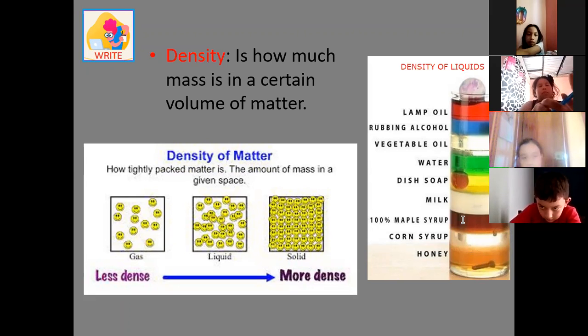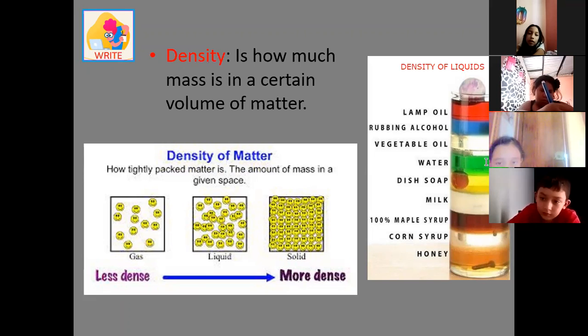Then the next one is maple syrup. The one you like to eat with pancakes. Then milk. Dish soap, es el jabón para lavar platos. Water.